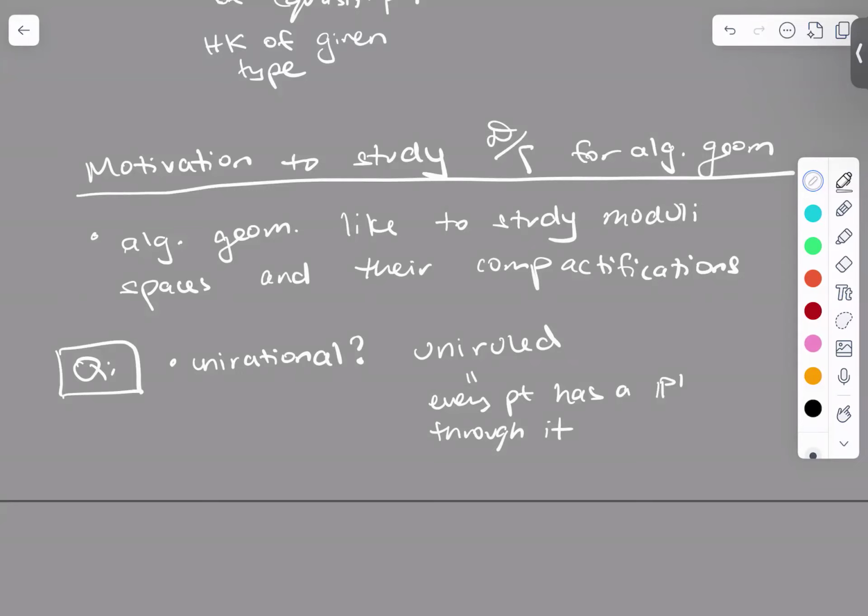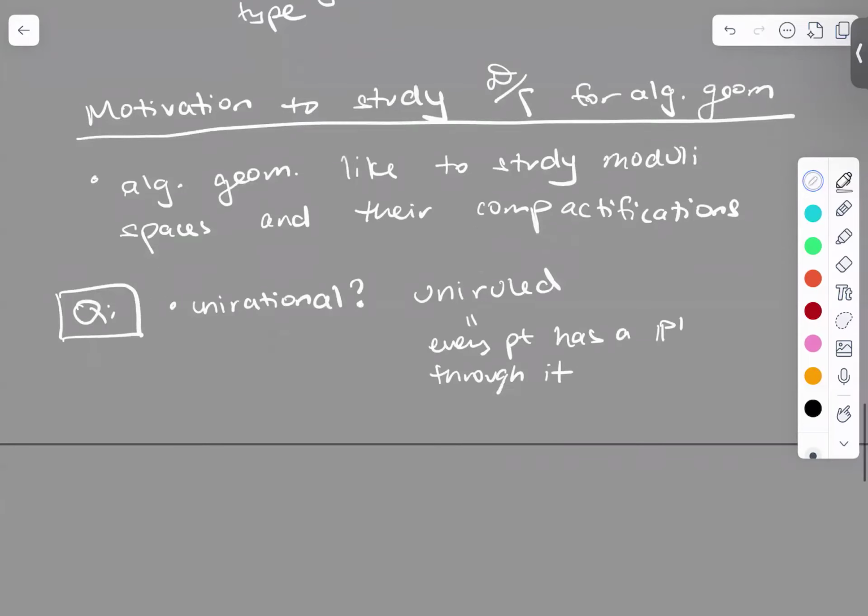This property of being uni-ruled says that a variety is not that far from being rational, meaning birational to projective space. So the variety is very close to being like a projective space if it's uni-ruled. On the opposite end of the spectrum, we expect that a random variety should be maximally chaotic. In particular, on a random variety, you don't have lines through every point.